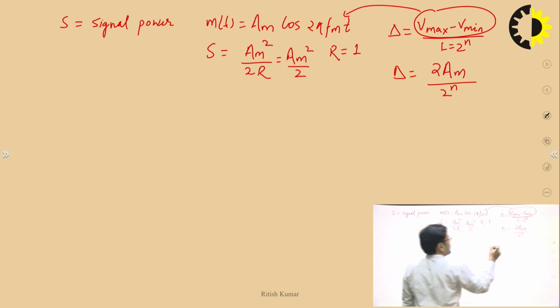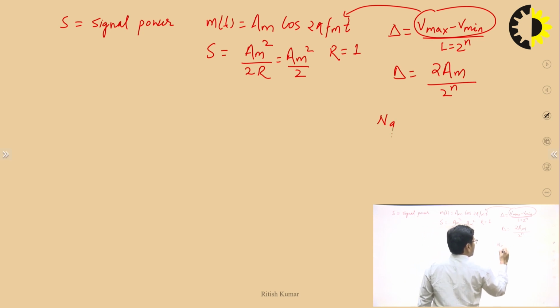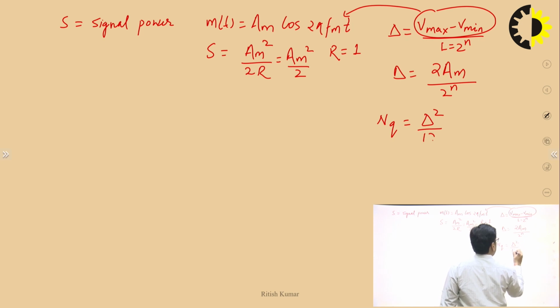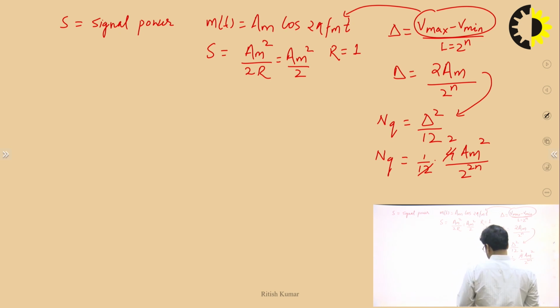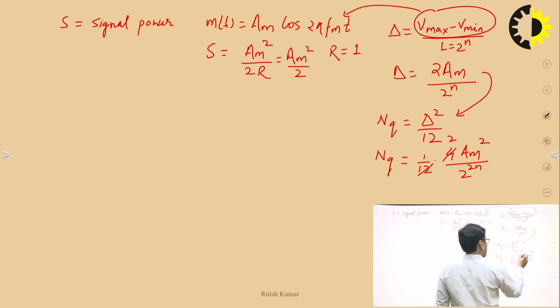As we know, Nq in terms of delta, Nq is equal to delta square by 12, and after putting the value of delta in this Nq, 1 by 12 delta square, 4 Am square upon 2 to the power 2n. So this is 4 by 12, right?